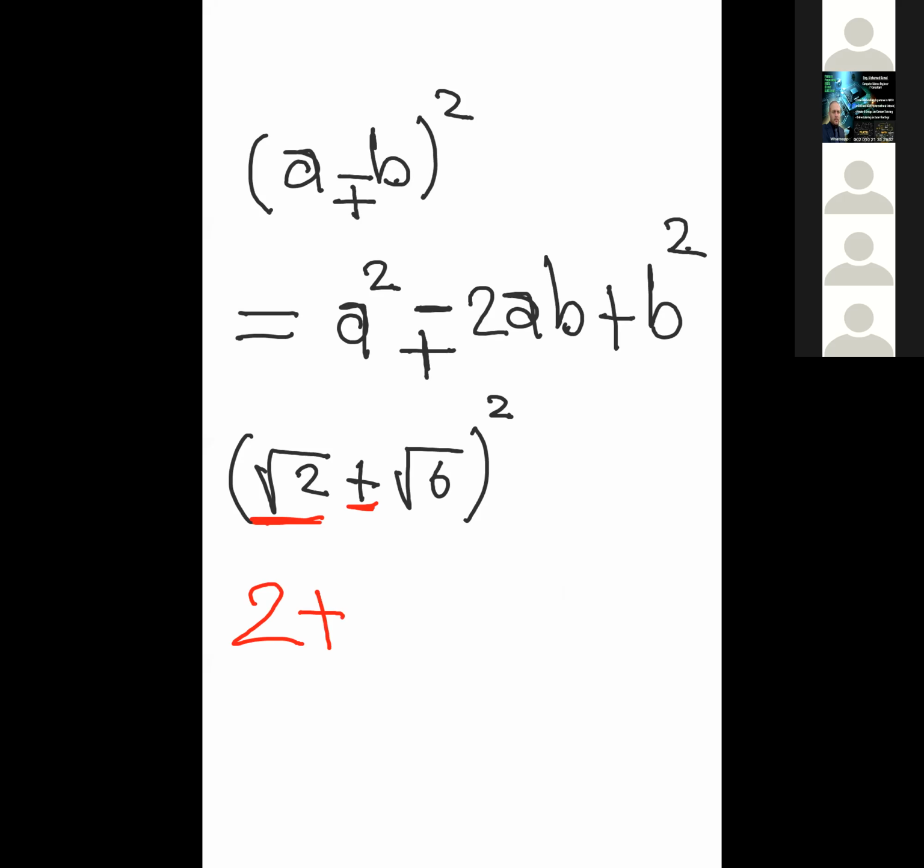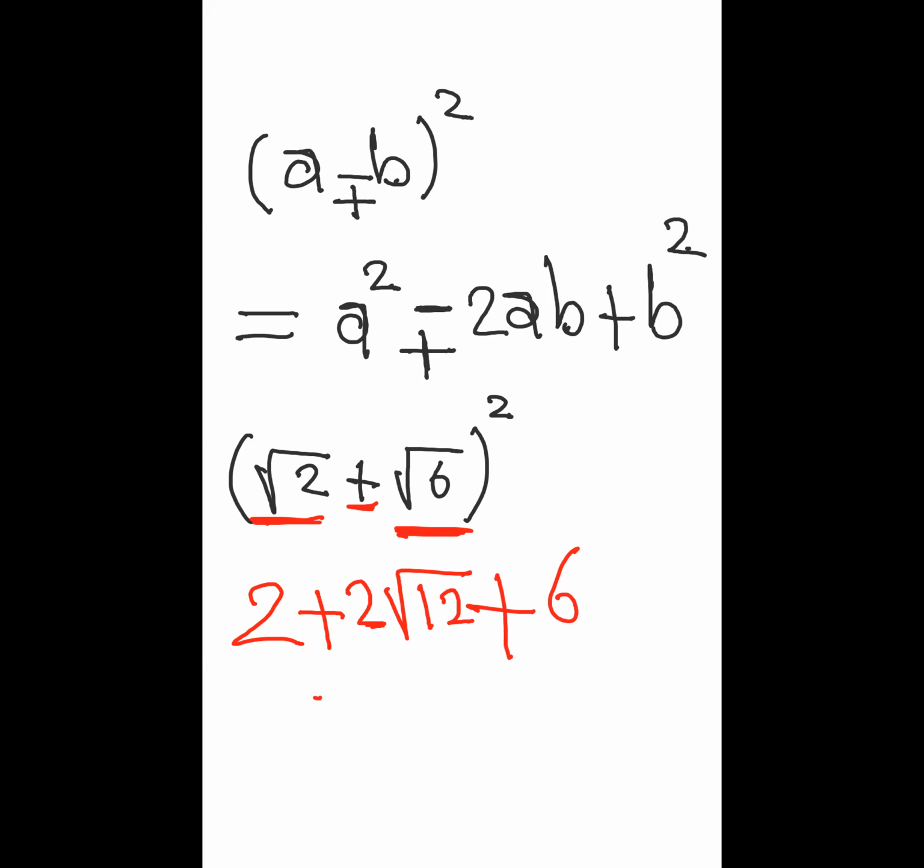Square root of 2 times square root of 6 means square root of 12, so it will equal 2 square root of 12. Then plus the second term squared, which is square root of 6 squared, which will equal 6. So simply it will equal 8 plus 2 square root of 12.